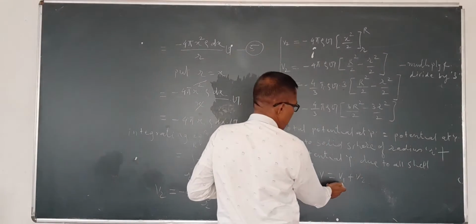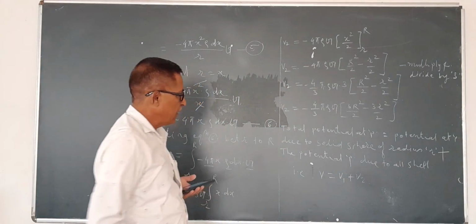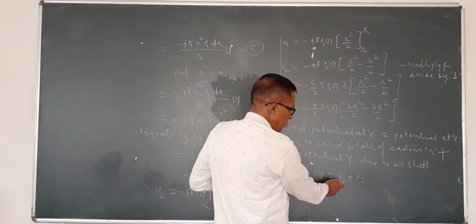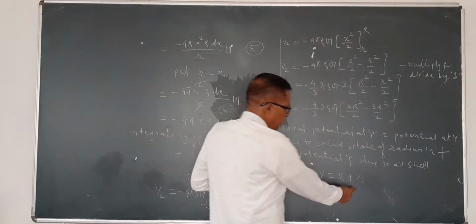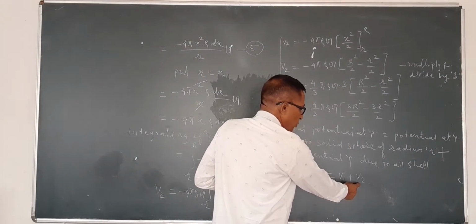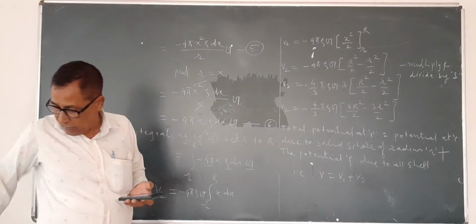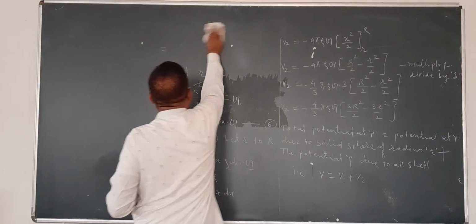This V1 is the potential that we calculated in yesterday's period, at point P due to the inner cell, and this is the potential at the point due to all the cells. Therefore, we write that in this way.